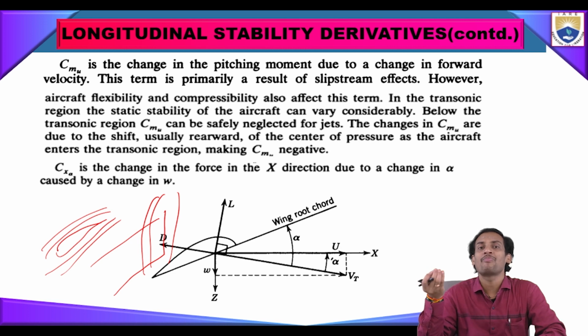till the tail surface also. Due to that, there will be a rapid change of downward velocity, which is called downwash. Downwash means the downward component of velocity keeps increasing due to these wingtip vortices.